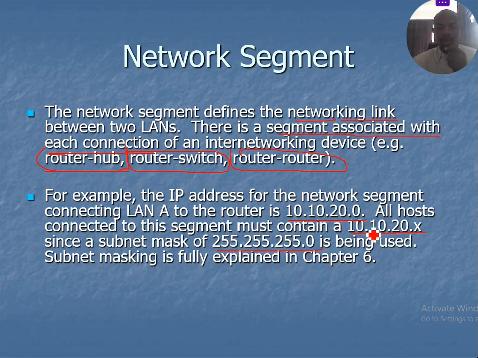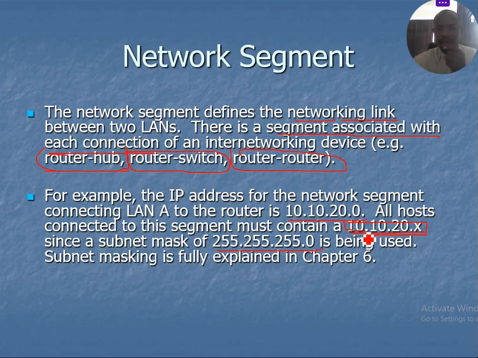This is your subnet mask. We're going to talk about subnet masks in chapter 6. So in this LAN A, the routing IP address is 10.10.20.0. Every computer connected to local area network A will be using this IP address together with the subnet mask.